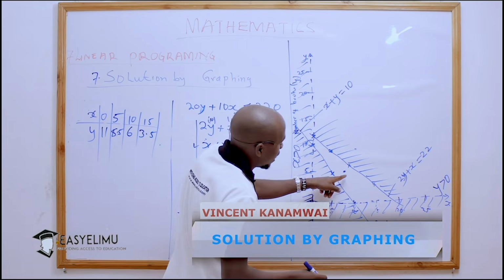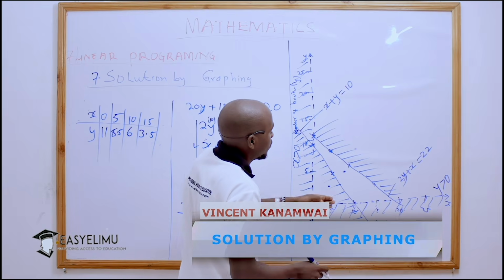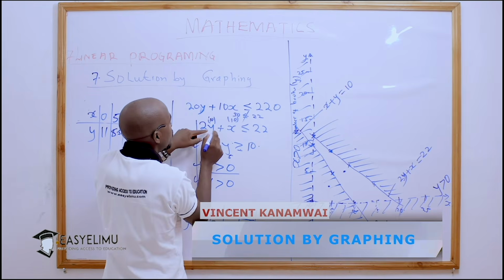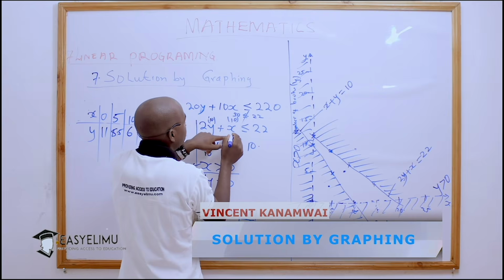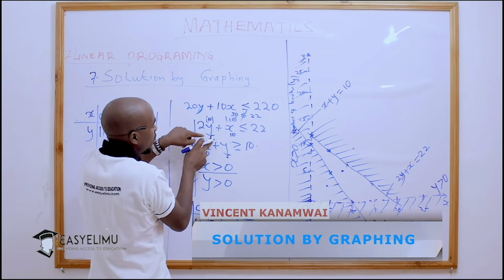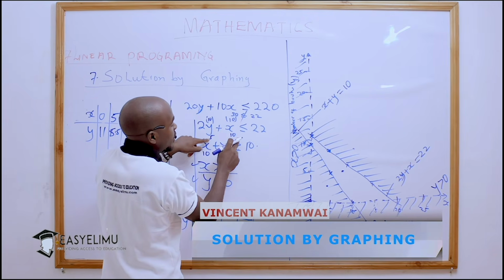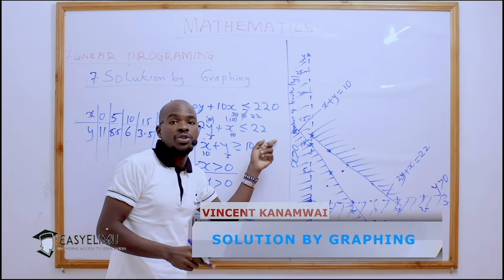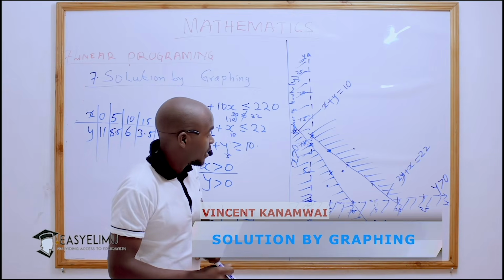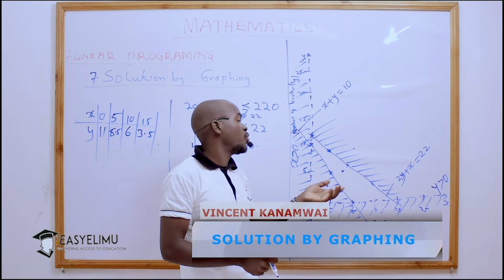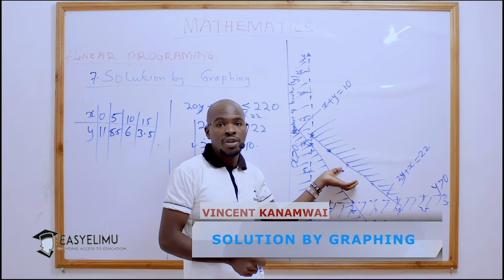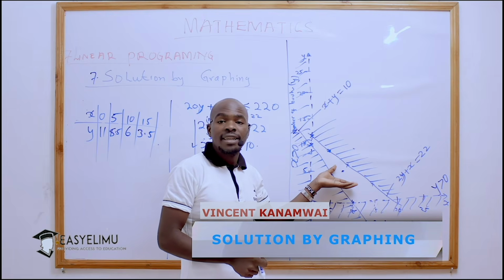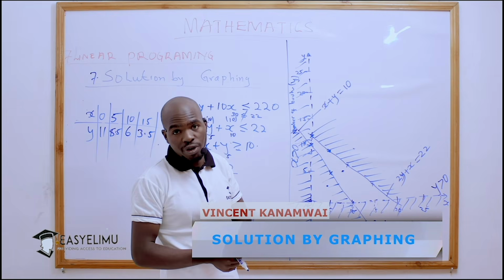And if you put here 5 and here 10, you will find 2 by 5 is 10, 10 plus 10 is 20, 20 is less than 22, meaning that point is satisfied. So any of the points which lies within the unshaded region satisfies our condition.